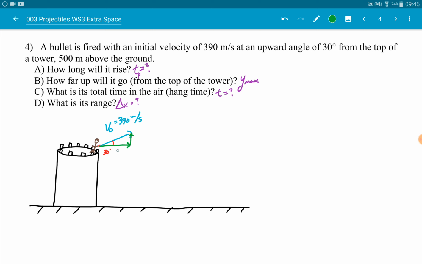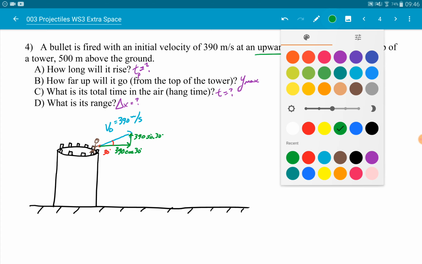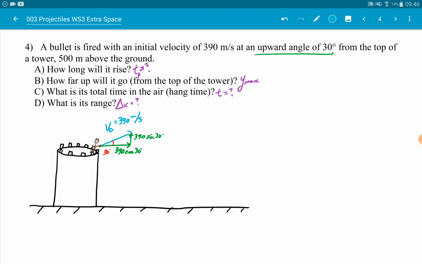This is going to be 390 cosine of 30 degrees, and 390 sine of 30 degrees. I make sure that it is an angle upwards. Yes, it is. Also, this height right here is 500 meters above the ground. That's an important bit.